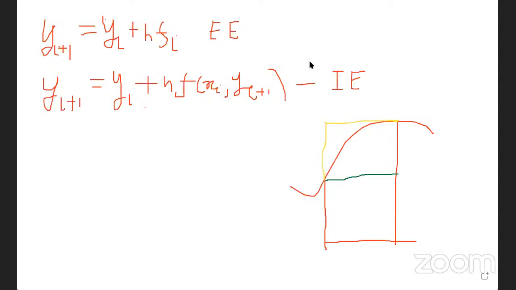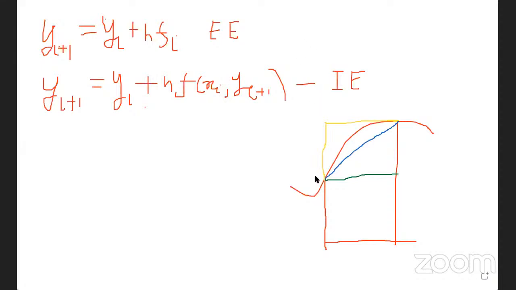Is there any other way to approximate this geometry by a geometry whose area is known to us? Yes, we can do that using the trapezium. We also know the area of the trapezium.